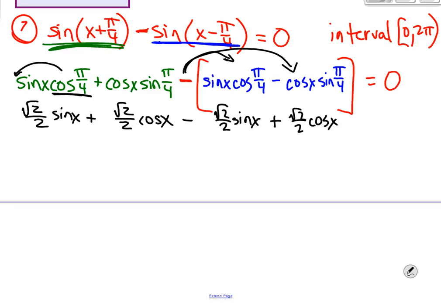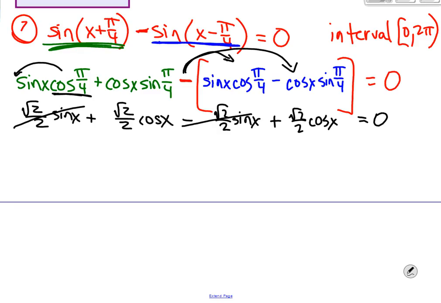I like to get my fraction in front and then have my sine or cosine in the back. What happens here? I think good things happen. The sine x's cancel, because it's square root of 2 over 2 sine x minus the square root of 2 over 2 sine x, that's 0.